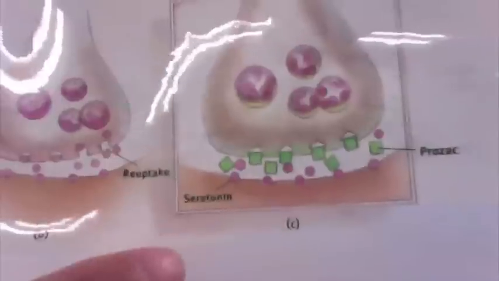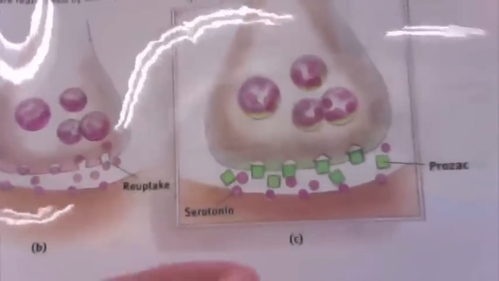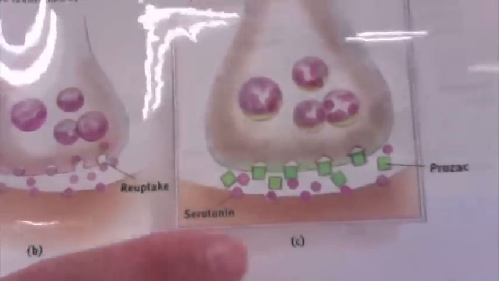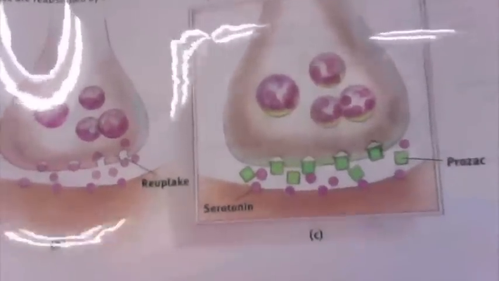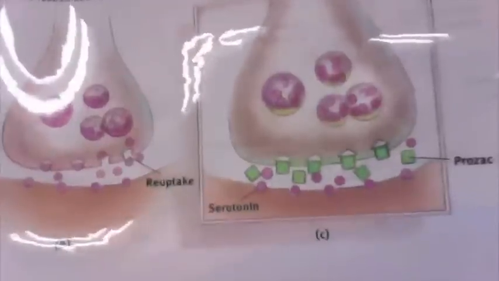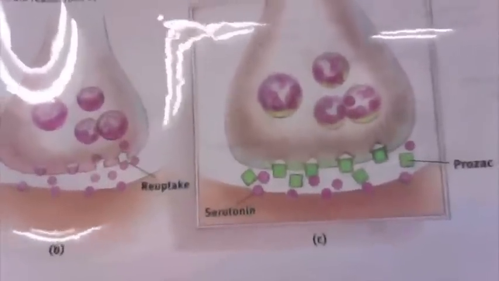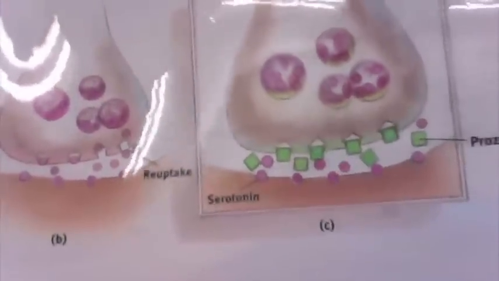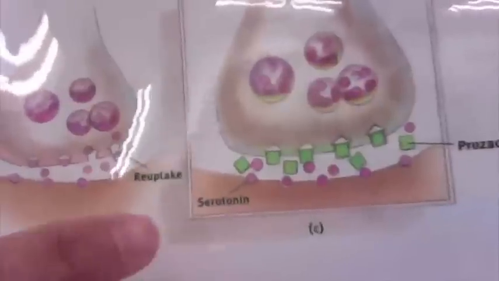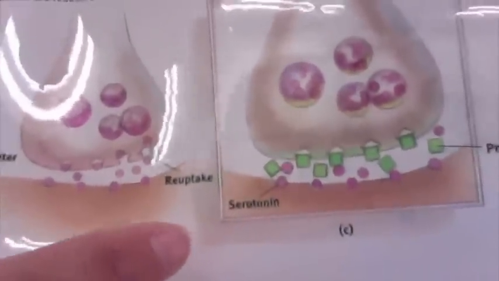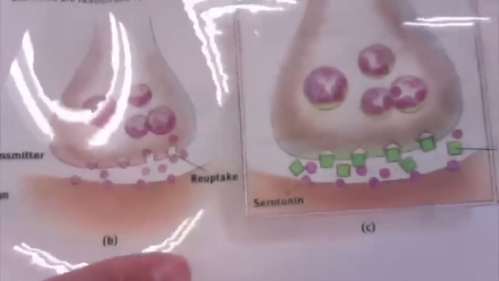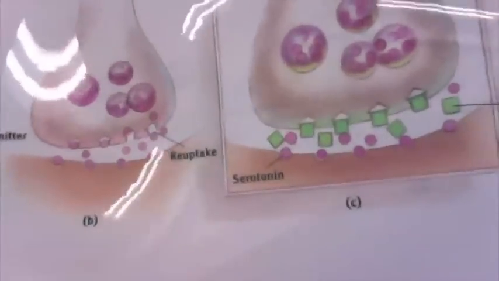So if you block the reuptake, then you have more serotonin in the synapse, and your mood is going to be lifted. Okay? So Prozac is what they call an SSRI, a selective serotonin reuptake inhibitor. So it inhibits the reuptake. So it's an SSRI, selective serotonin reuptake inhibitor.